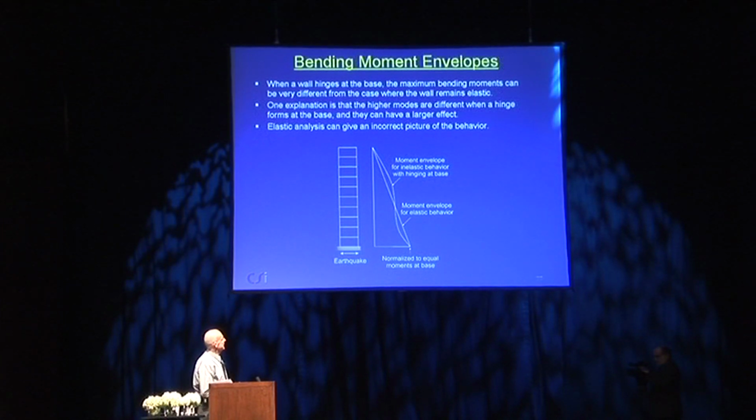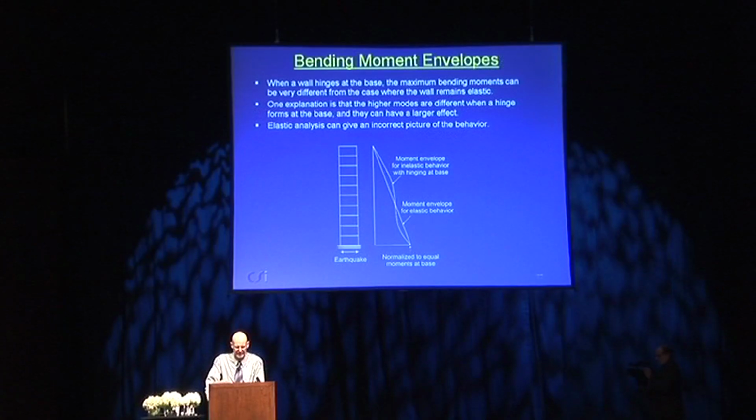But the moment envelope you would get from inelastic behavior is more likely to be like this, and in particular that means it's more likely to give you higher bending moments higher up in the structure than you would anticipate from an elastic analysis. In other words, if you design the upper part of the structure using the forces moments from an elastic analysis, it may be under-designed. It may hinge up there. The same is true of shear. The shear can be quite different. I'll show this in an example in just a moment.